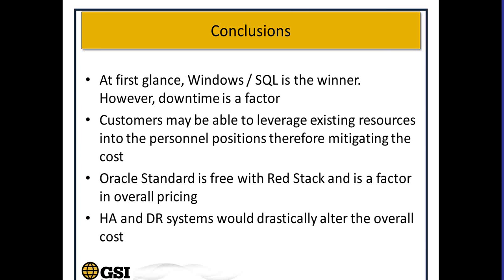Also, if you're looking at high availability and disaster recovery options, if I'm thinking about scalability, I want to factor in the cost of the downtime. Let's say we go back to that Windows slide and it was 30 hours annually for downtime.